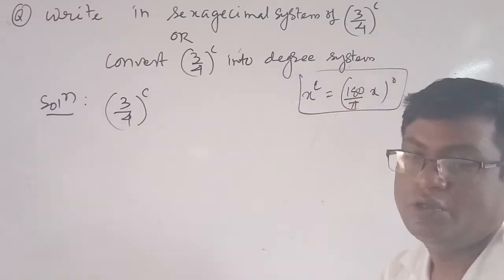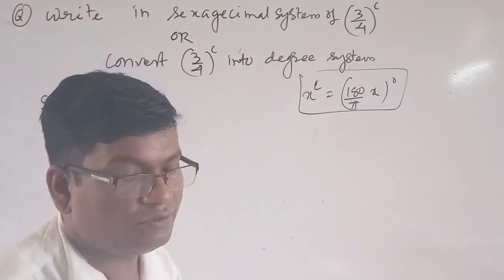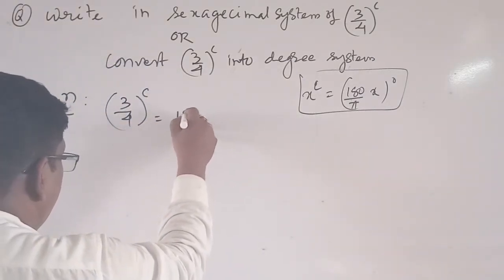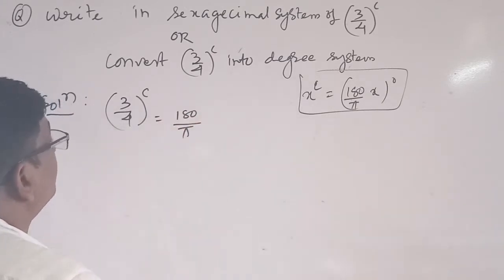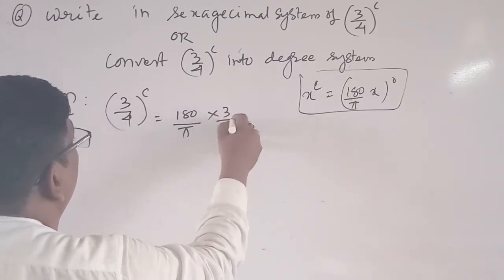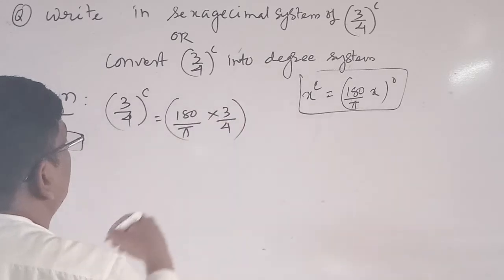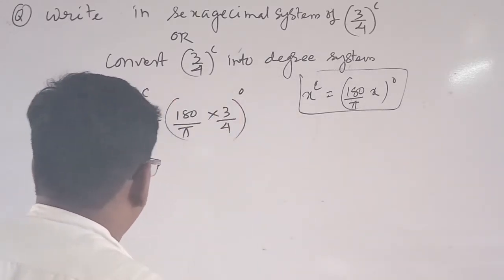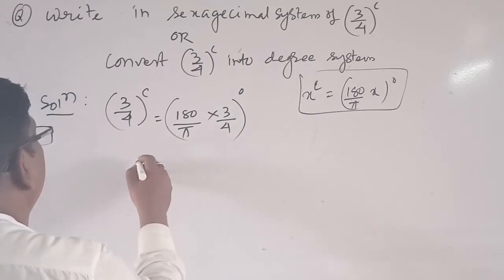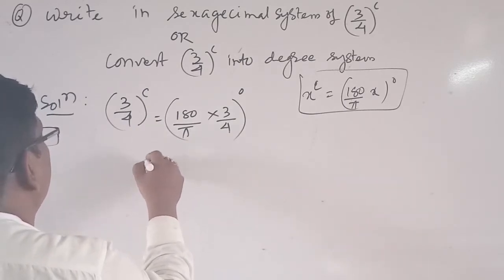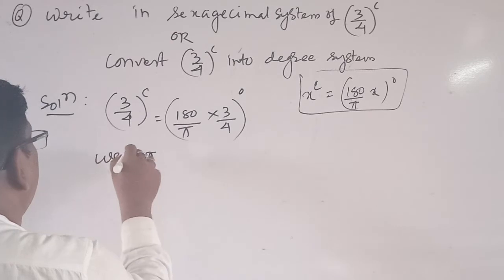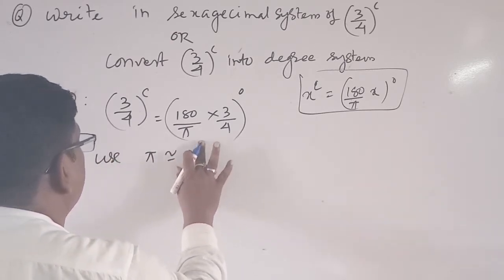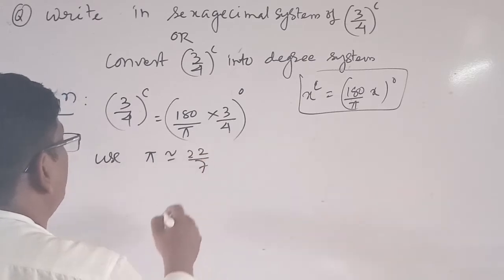So what happens here? That is 180 by pi into 3 by 4. This is degree. Or use pi is approximately equal to 22 by 7.